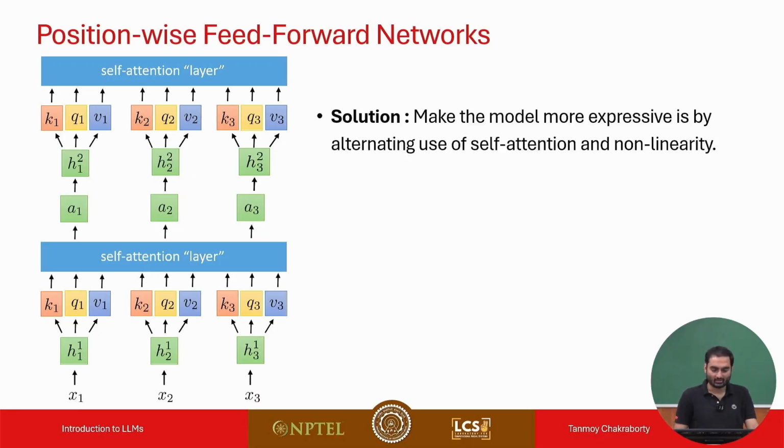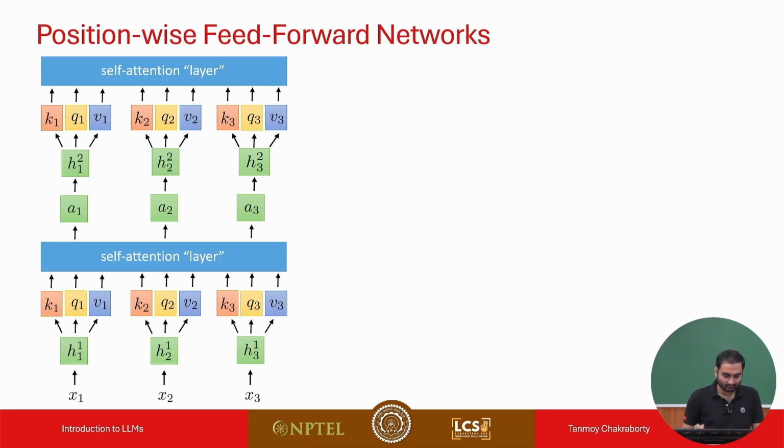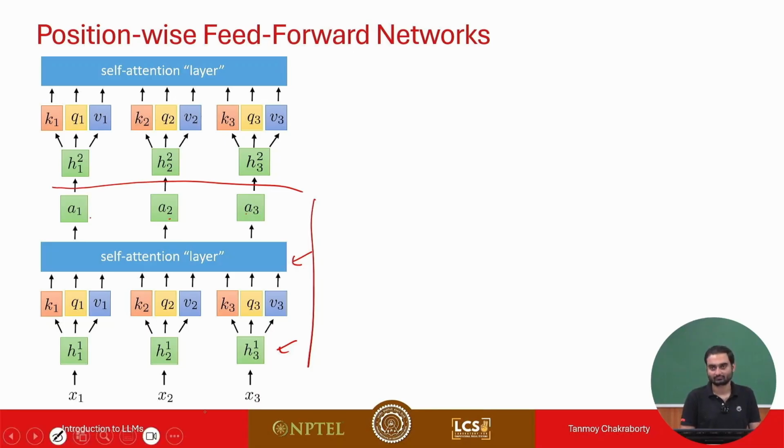Okay, so let's see how it works. Let's look at this part, right, till this part. So we have this input, we applied a self-attention layer, single head self-attention layer, and you obtain these three attention values, attention vectors.